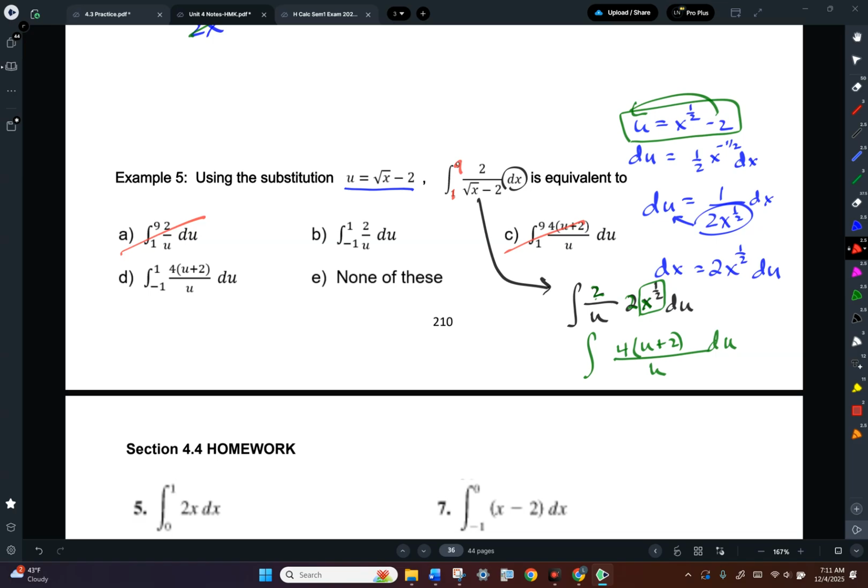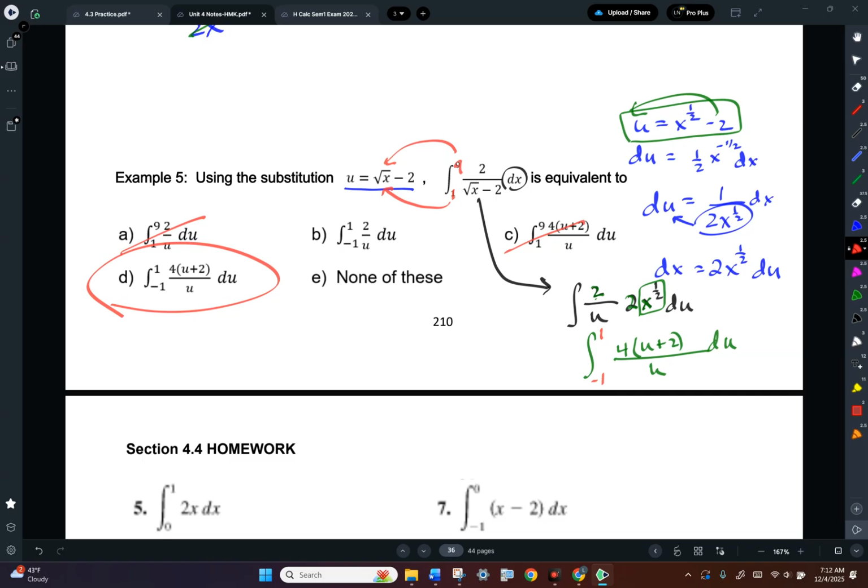I doubt that it's going to be none of these, but let's do a quick check. So how do we find the new boundaries? Well, I plug in. If x is 1, then u is going to be square root of 1 minus 2, which is negative 1. And if x is 9, u is going to be 3 minus 2, which is positive 1. So, yep, that sure is it. And do you see? It looks like that's the one that fits.